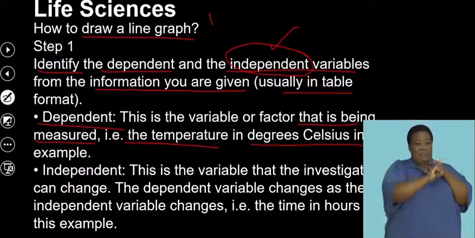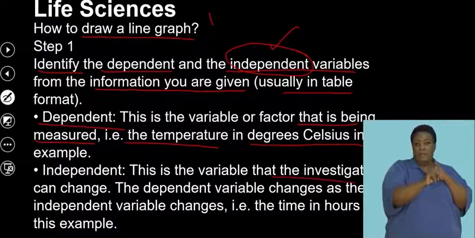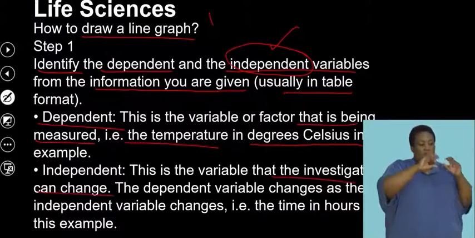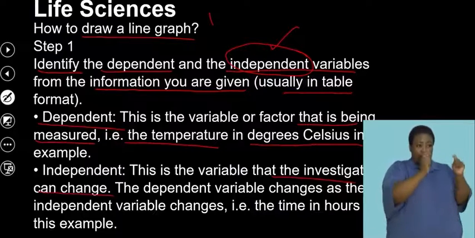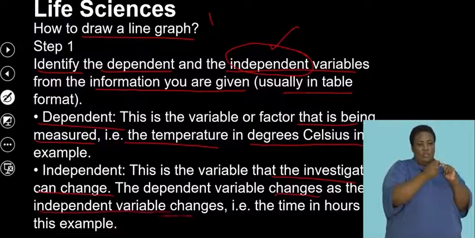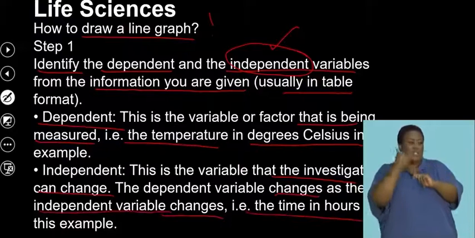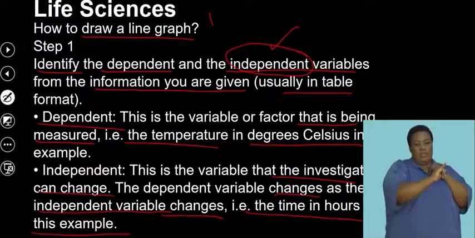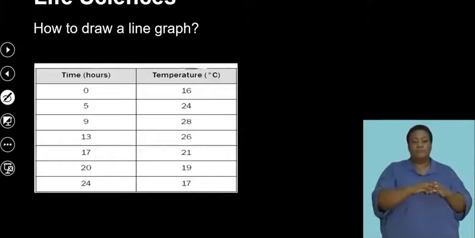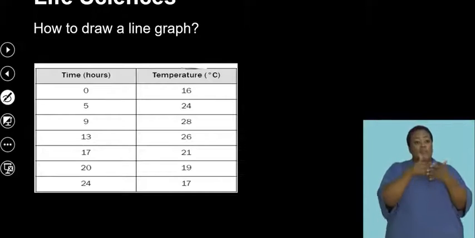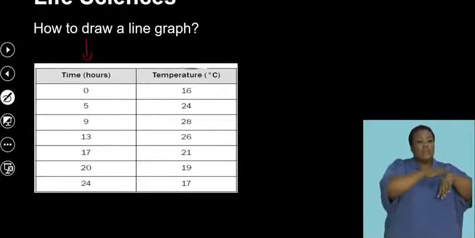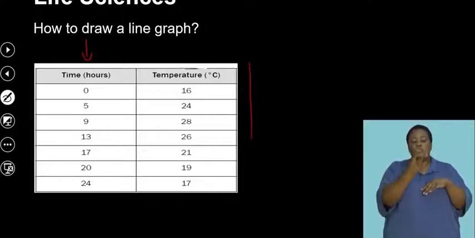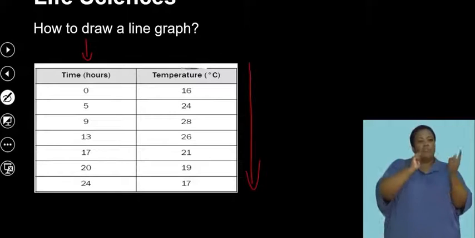The independent variable is the variable that the investigator is changing or manipulating. The dependent variable changes as the independent variable changes. So the time in hours is the example of an independent variable. So let's move on to the next slide. So here we've got a table which illustrates the time, and we've looked at how that temperature changes over a period of time.